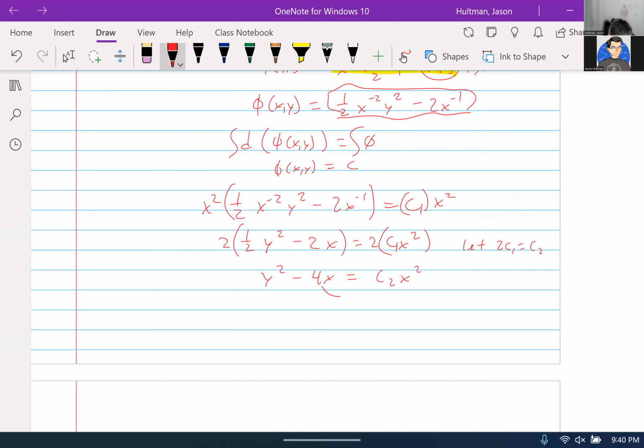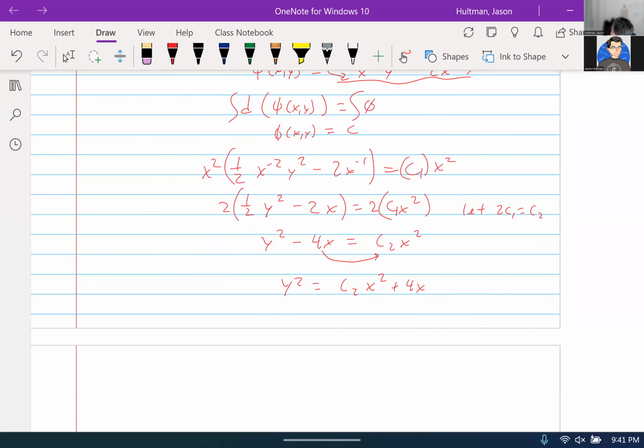Then I'm going to toss this negative 4x to the other side, so I get y squared equals c2 x squared plus 4x. I'll just let c2 be c, some generic constant. I could take the square root of that, plus or minus, if I really wanted to, or toss the x squared to the other side, however you want to do it. But we could solve it like that.